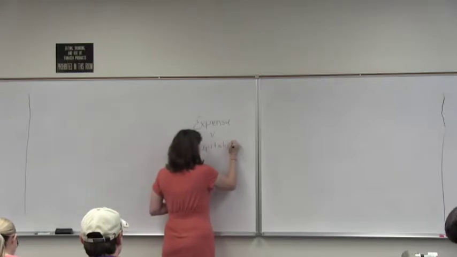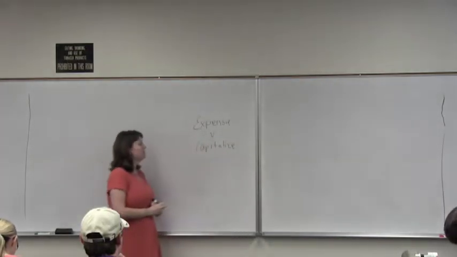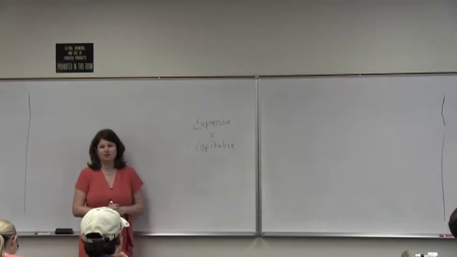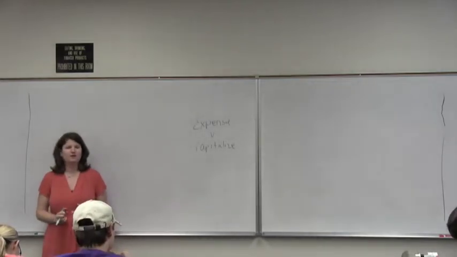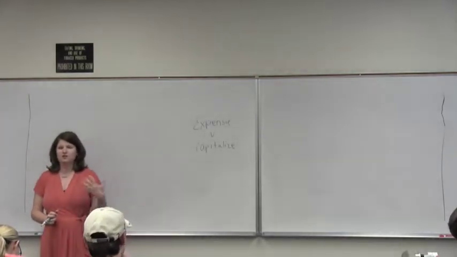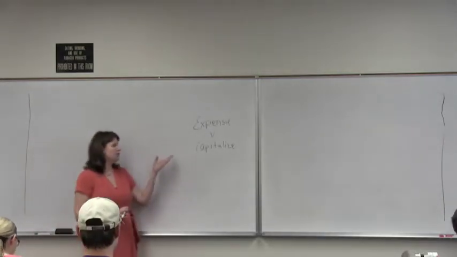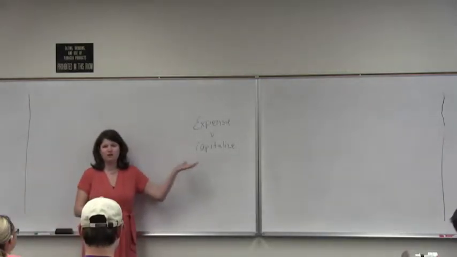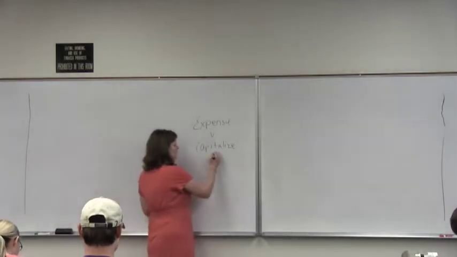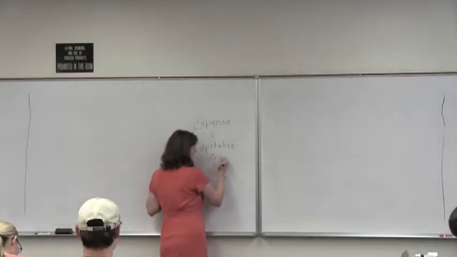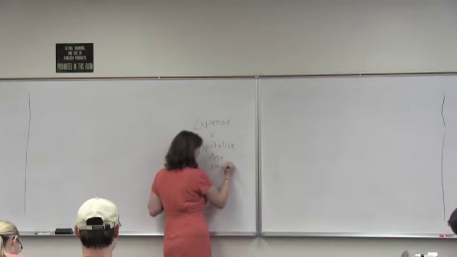If you get to expense something, that means you get to take an immediate deduction. If you capitalize, you have to wait and take your deductions over time through some sort of cost recovery mechanism, either depreciation, amortization, or depletion.